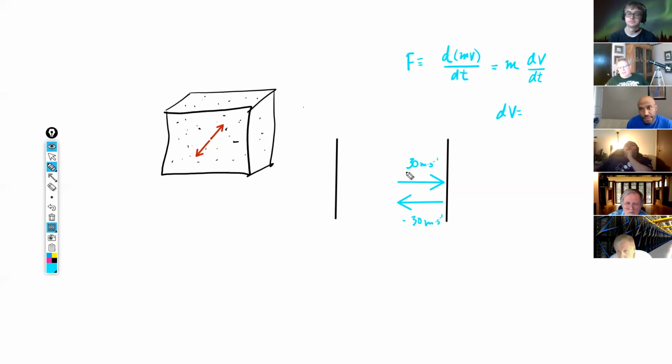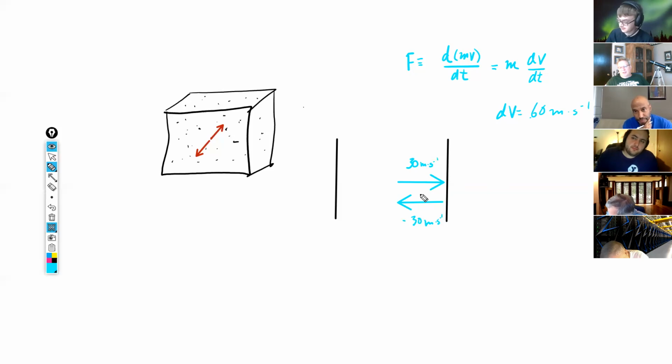What's dV in this case, in this example? 60. 60 meters per second. How did you get 60? Well, this is positive 30, this is negative 30. What's the difference? Oh, okay, I see. 30 minus negative 30.